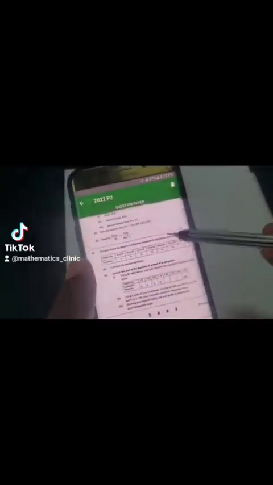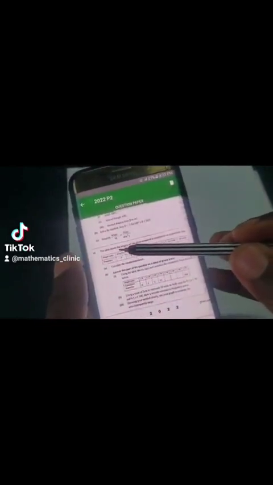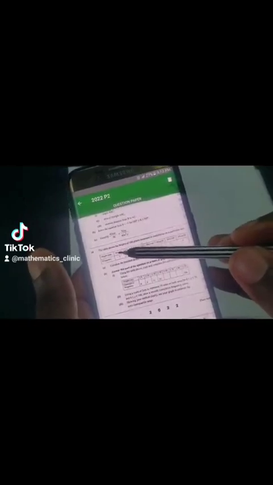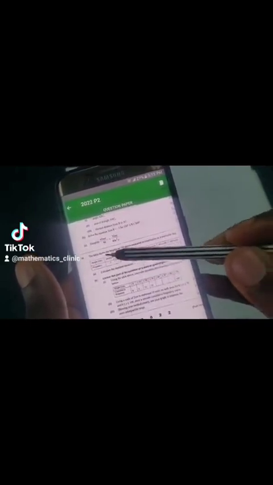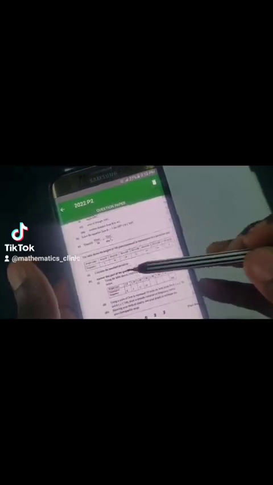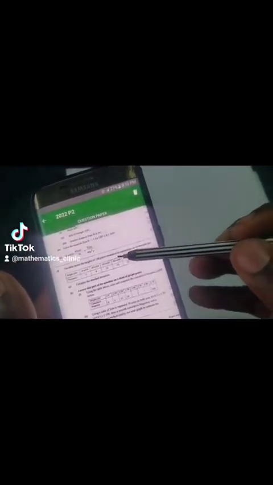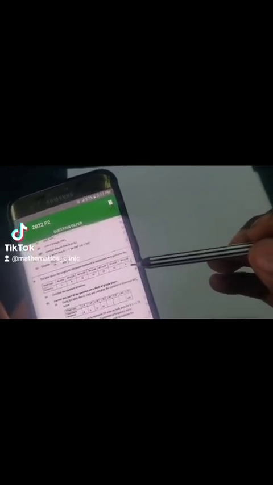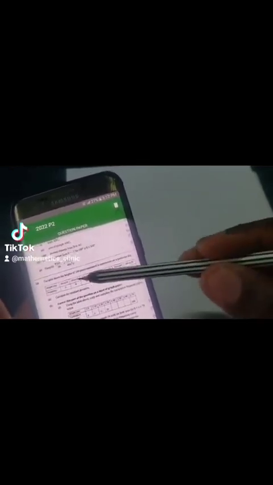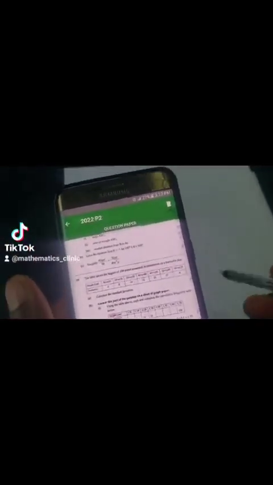So x bar is equal to 3 multiplied by the midpoint of its class, and 8 multiplied by the midpoint of that, 14 multiplied by the midpoint, 22 multiplied by the midpoint, 23 multiplied by the midpoint, 22 multiplied by the midpoint, then 8 multiplied by the midpoint, all over the summation of the frequency.